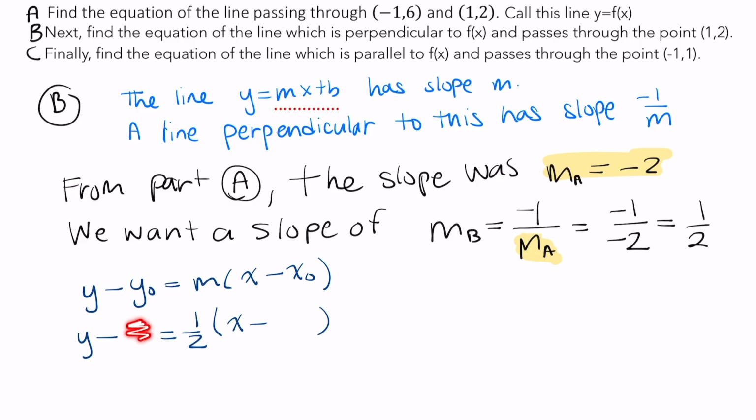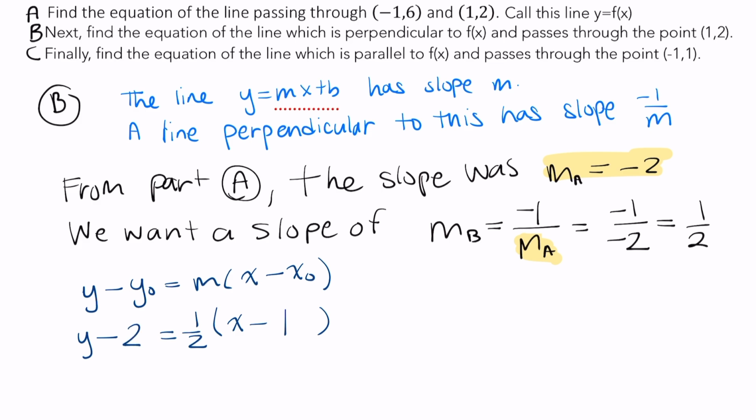What should go here and here? Do we know a point on this line based on the way the question was phrased? Oh, we're on part B, not part C. 1 and 2. Yep. So I'm going to put in my x value of 1 here and my y value of 2 here.